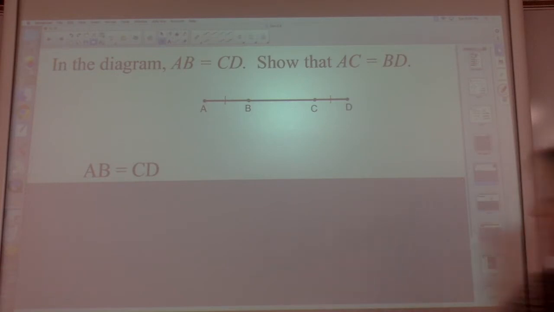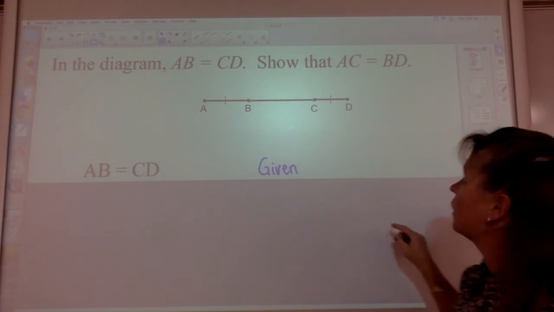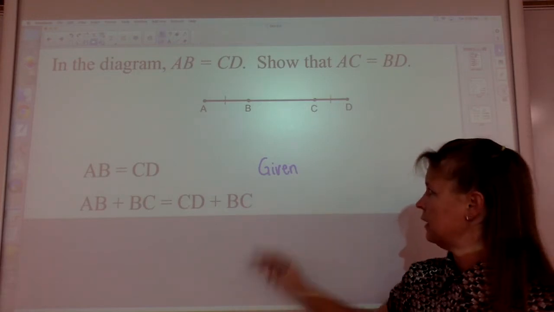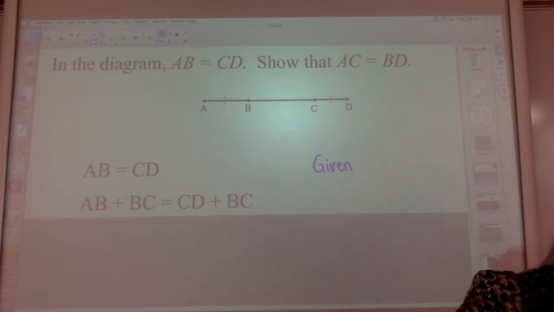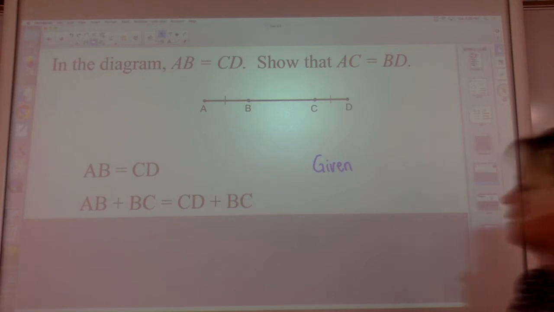That's the given information. And then from there, you're going to go AB plus BC equals CD plus BC. Go ahead and write that down, or it's probably already written for you if you're following notes.